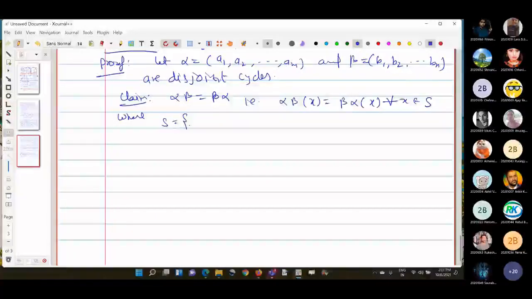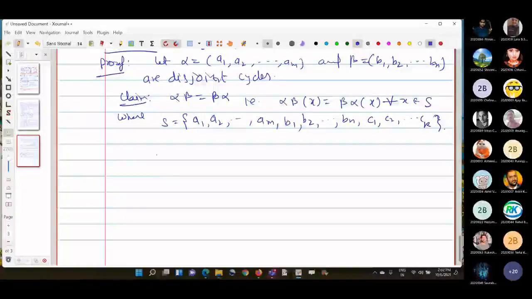Where S equals, let us keep A1, A2 up to Am, because they are permutations, these should be members of that set. Similarly B1, B2 up to Bn, and there may be some other elements also, let them be C1, C2 up to Ck.